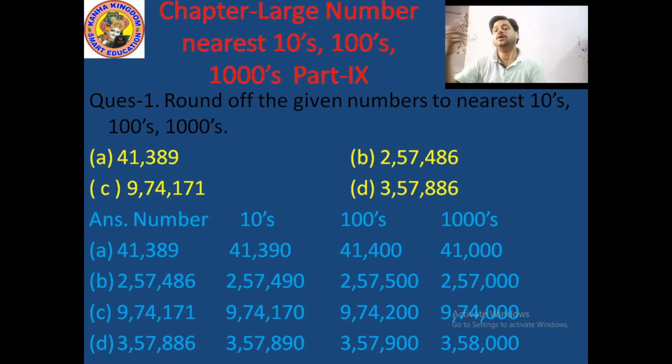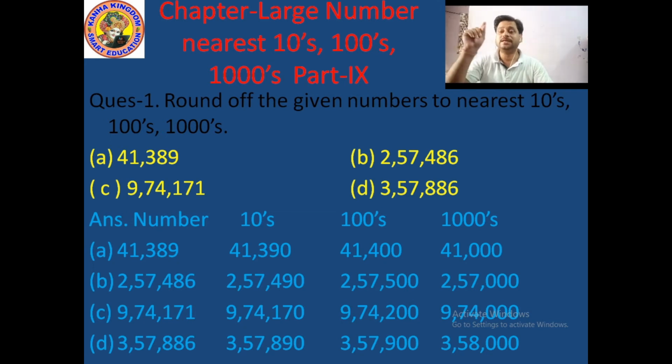Now move to the 100 place, and in the 100 place again there are two rules. Which two place values do we have to check? Yes, tens place and 100 place. If the tens place is less than 5, what do you have to do?